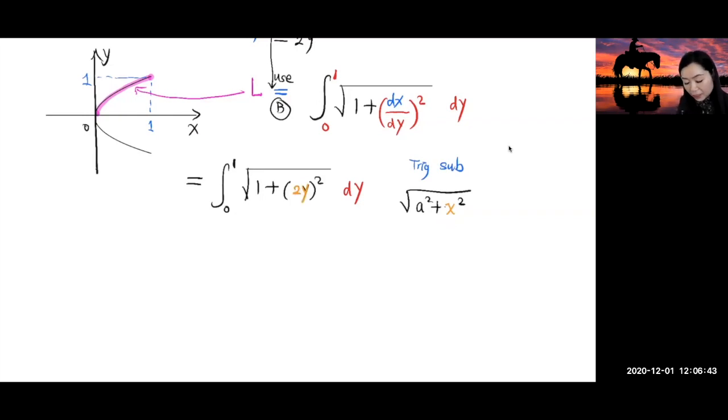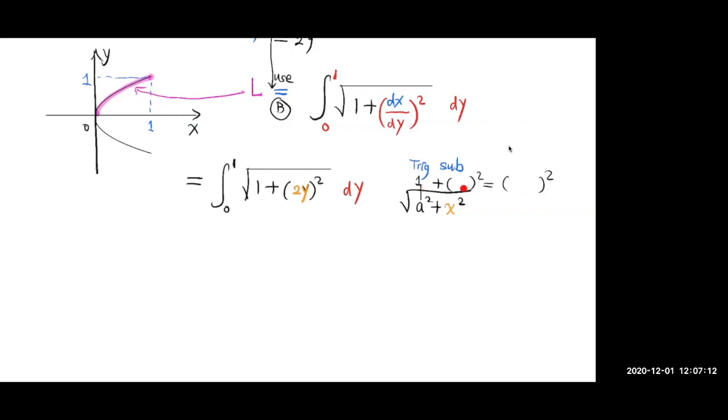When you use trig sub, remember this corresponds to this identity. The a squared corresponds to the 1. Think about 1 plus what square equals what square, because you want a perfect square inside so that when we take the square root, we can get rid of it.